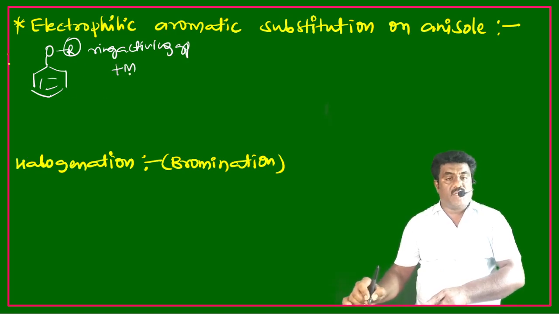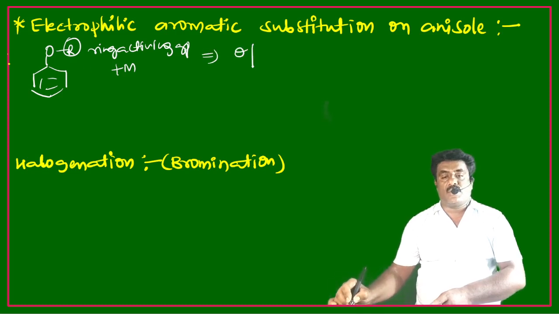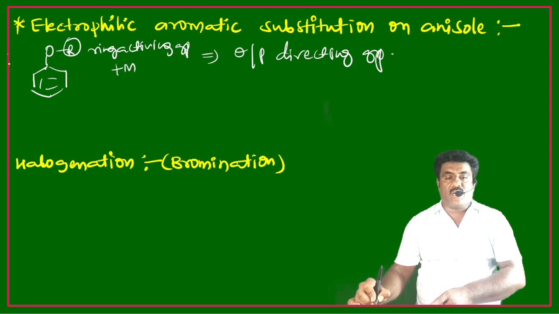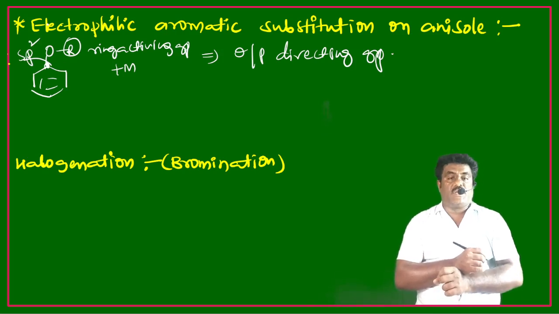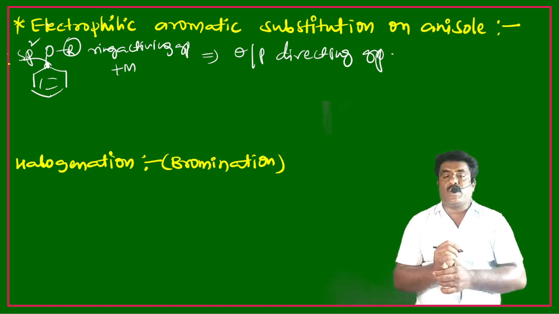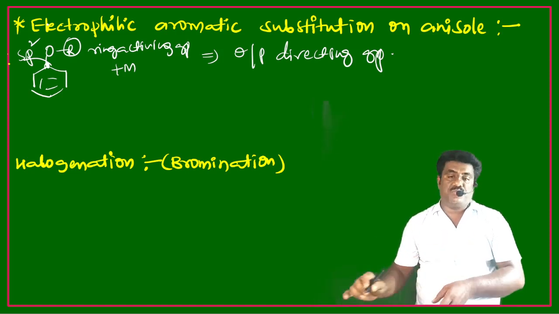The plus mesomeric effect means the electron density of the benzene ring increases. What is the position? Ortho and para positions. So it is an ortho-para directing group. This carbon undergoes sp2 hybridization, so the electrophile attacks at the ortho and para positions.